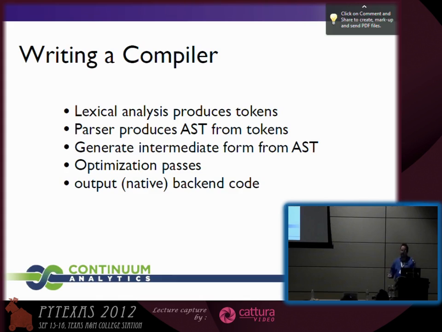You have a parser that produces an abstract syntax tree from these tokens, and you generate intermediate code from the AST, and then you have optimization passes over the intermediate representation of your code, and then you output to maybe even a native backend. If you think about Python itself, the Python compiler doesn't output to native code, it outputs to bytecode, which is then run by the Python virtual machine.